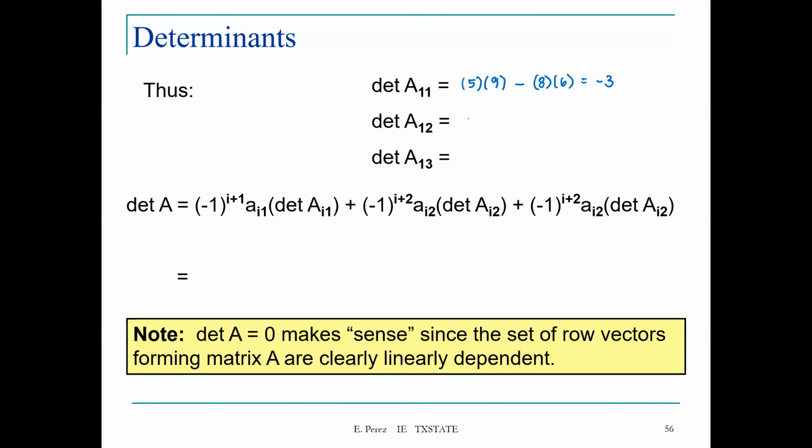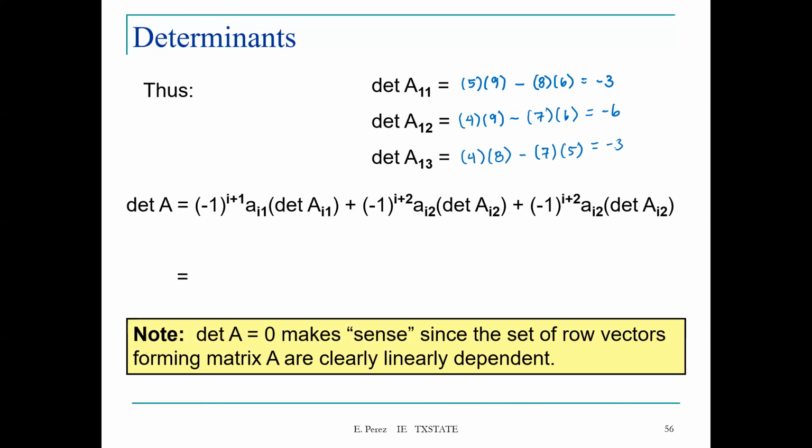The determinant of A12 equals 4 times 9 minus 7 times 6, and this equals minus 6. And the determinant of A13 equals 4 times 8 minus 7 times 5, and this equals minus 3.